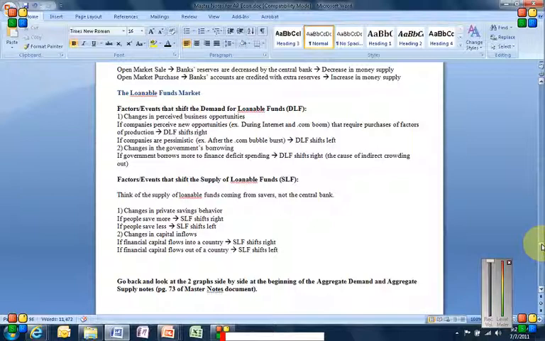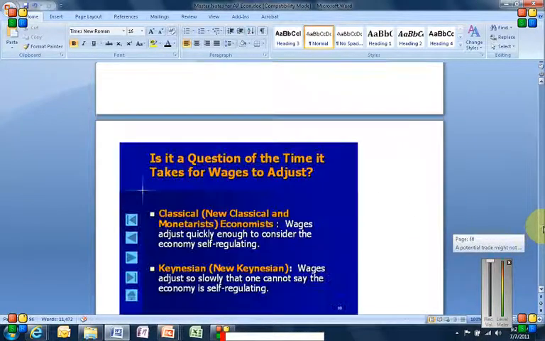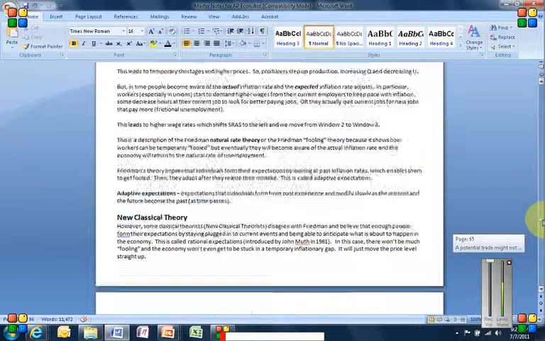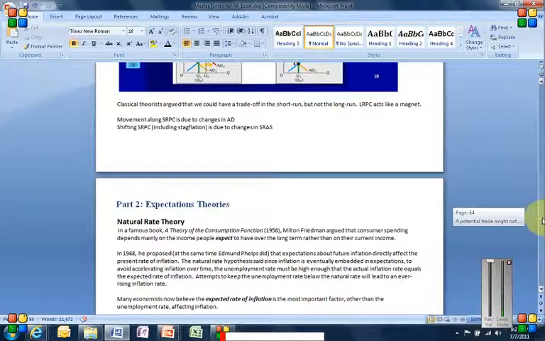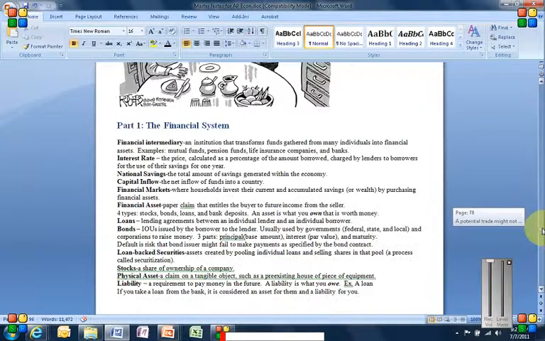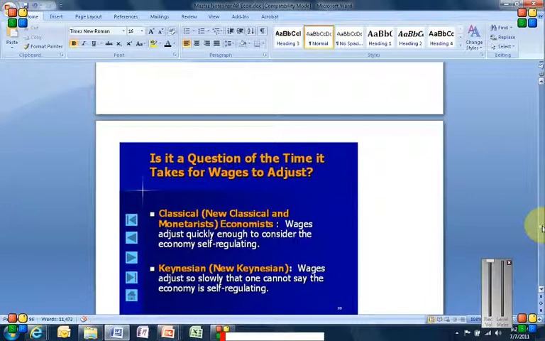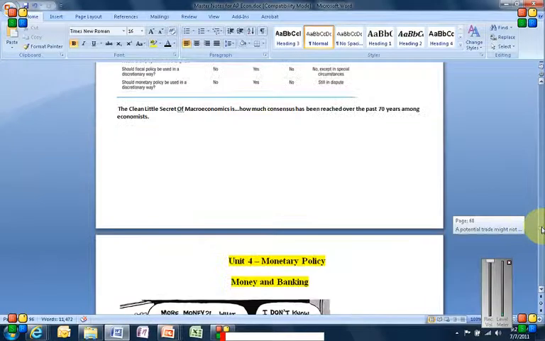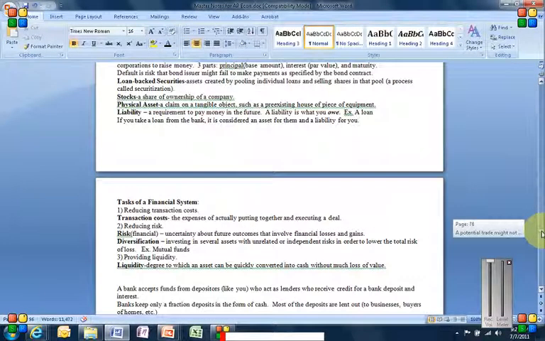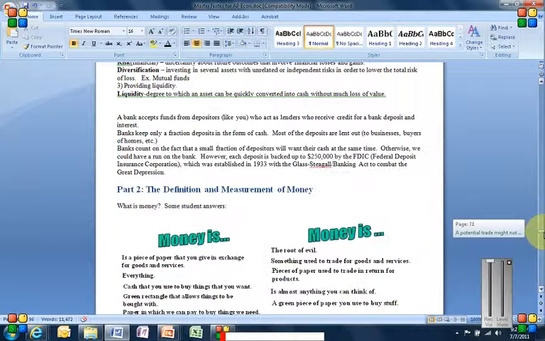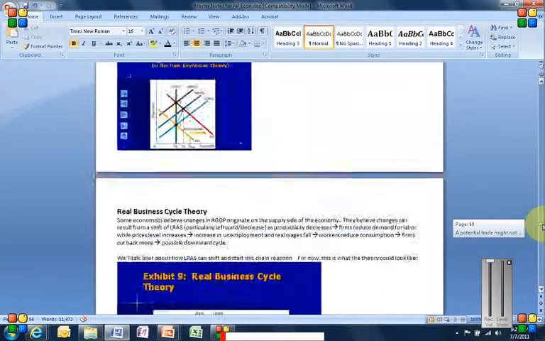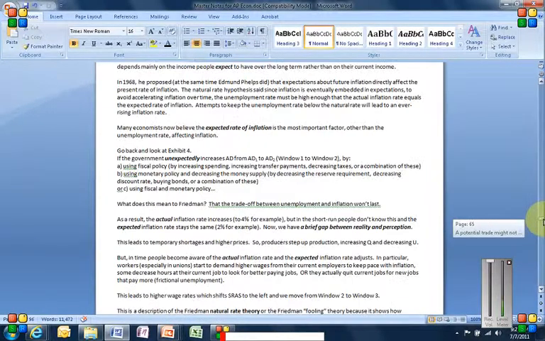And if you have a copy of the Master Notes document, go all the way back to page 73. It's actually not page 73.